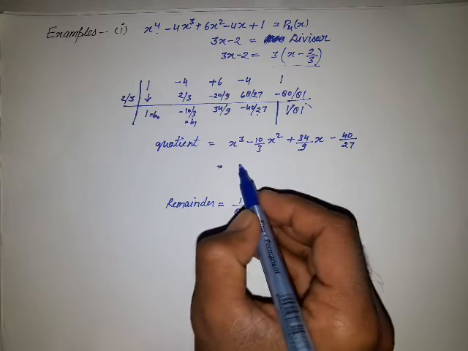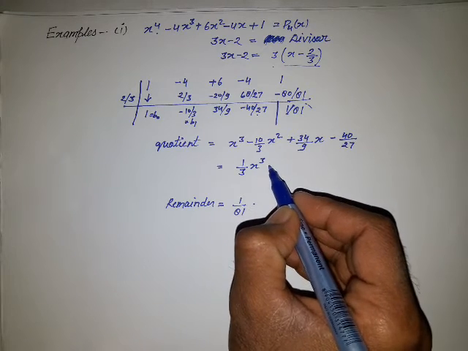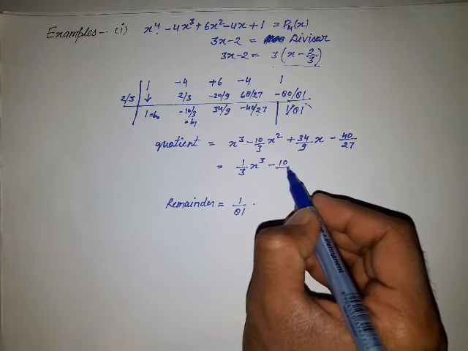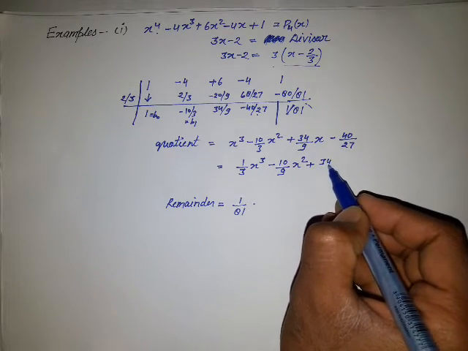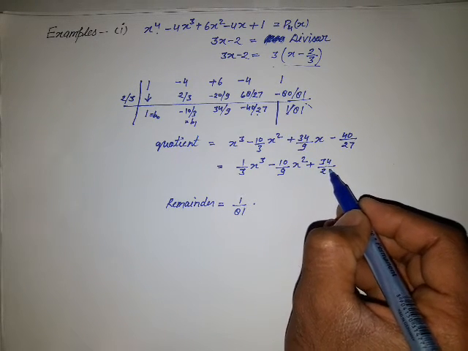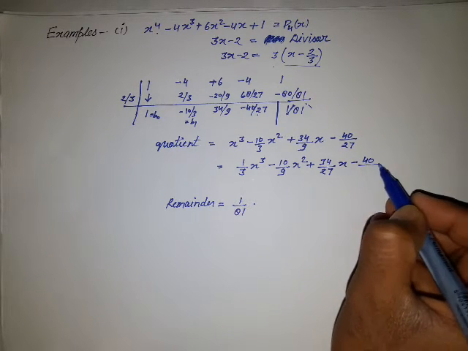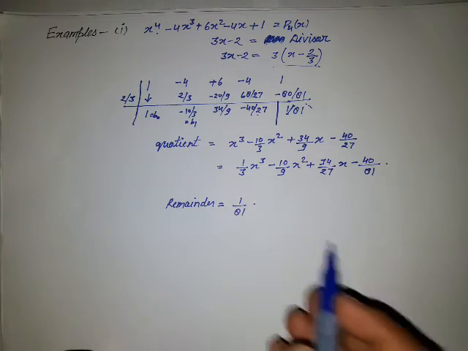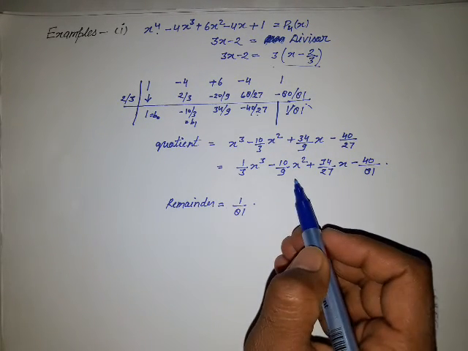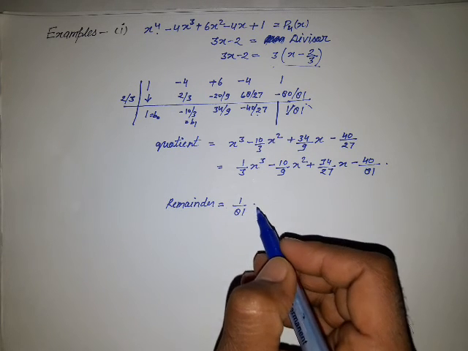So on dividing this quotient by 3, we get 1 by 3 x to the power 3 minus 10 by 9 x squared plus 34 by 27 x minus 40 by 81. So this is our quotient and this is our remainder.